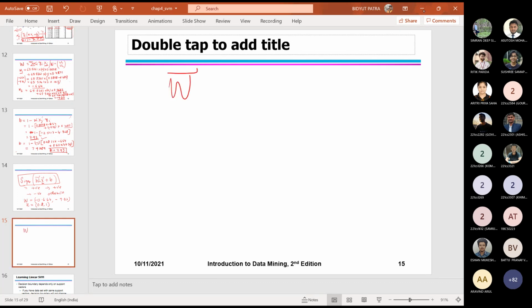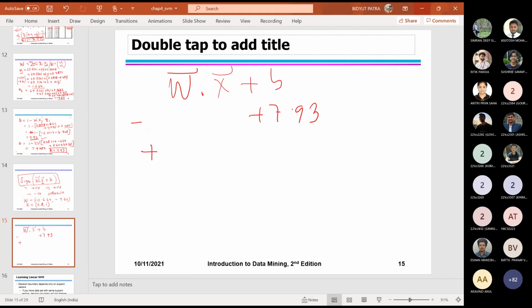So, minus 1. That means W dot X plus B, where B is 7.93 and W is minus 6.61 into 1 plus... what is the value? It is 9.8, so that's 0.8.